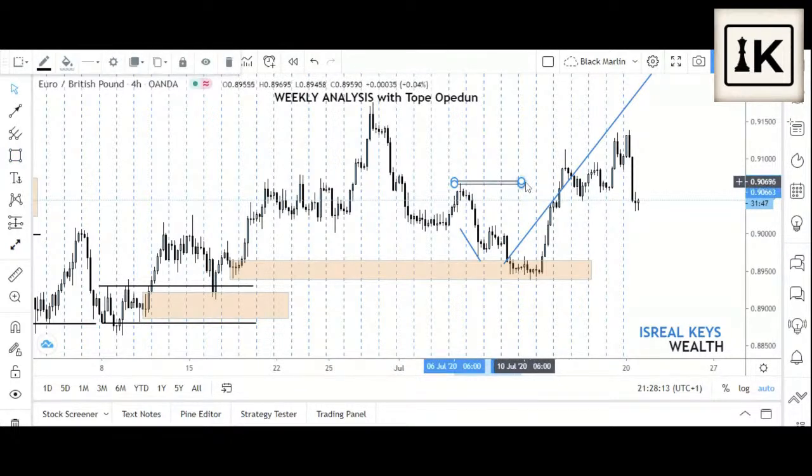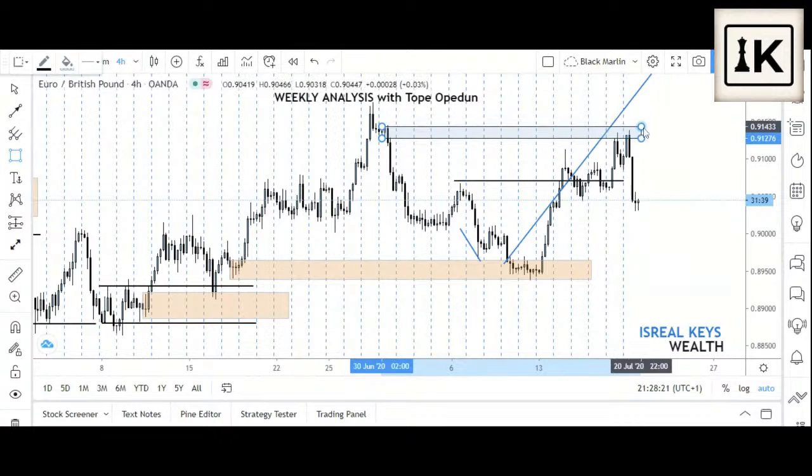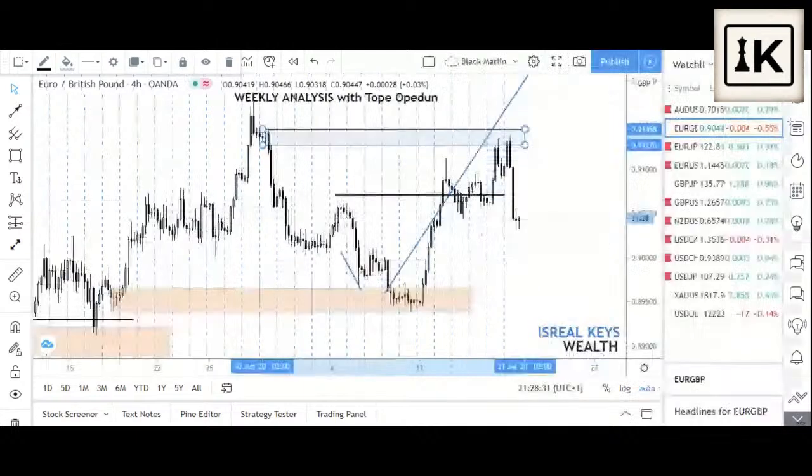That was the first target that I was looking for, and the second target was this H4 bearish order block. And as you can see, once it got there, there was a huge reaction down.